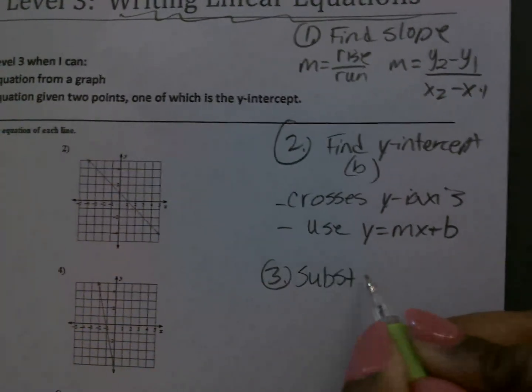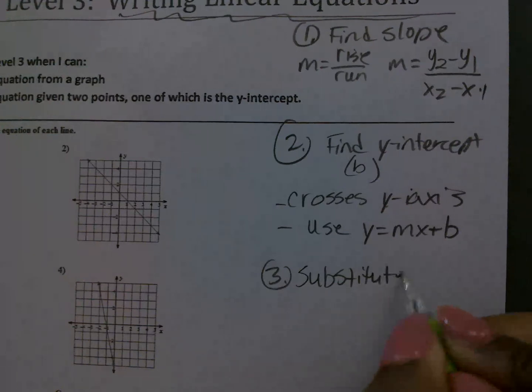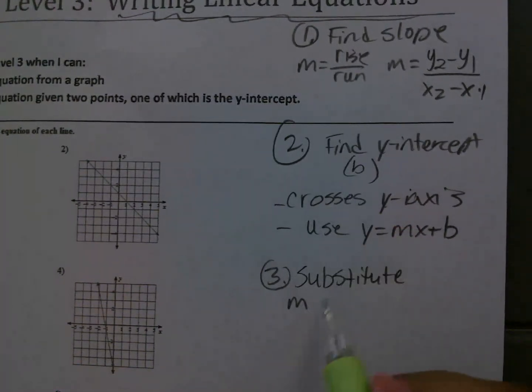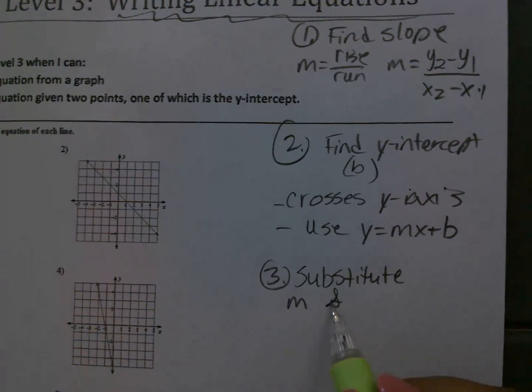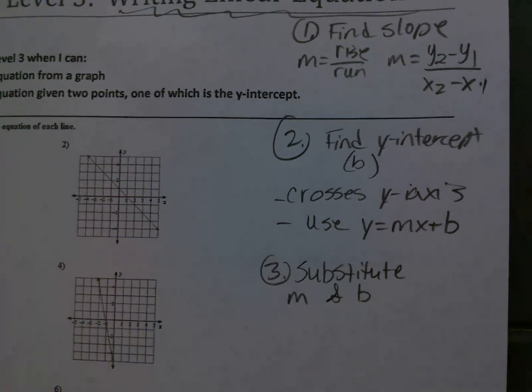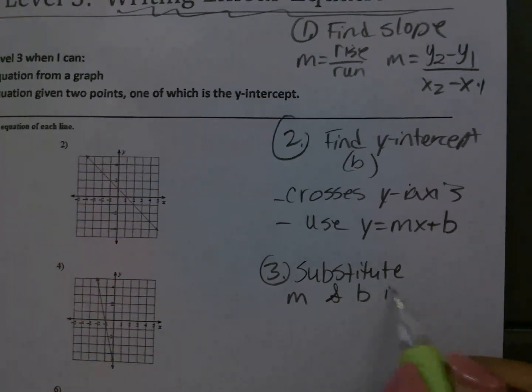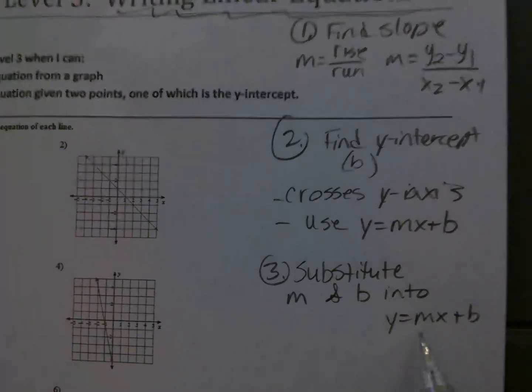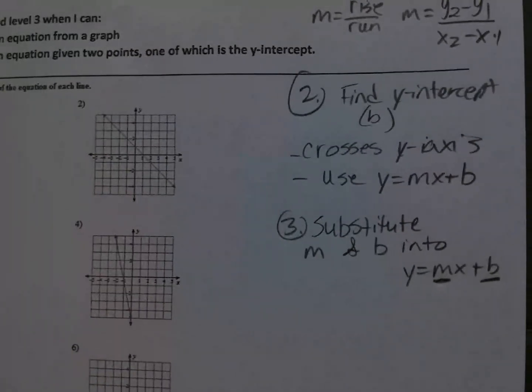So when you substitute, you substitute whatever number you have for m and whatever number you have for b into y equals mx plus b. So you're replacing the m and the b with numbers, and then you have an equation.